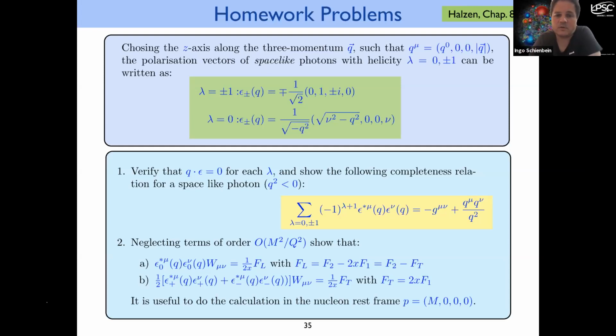And the same when you contract with the transverse polarization vectors: you get by definition F transverse, and it turns out that this is equal to 2x F1. So that's a nice little exercise to understand where these words FL, FT come from and how they belong to F1, F2.